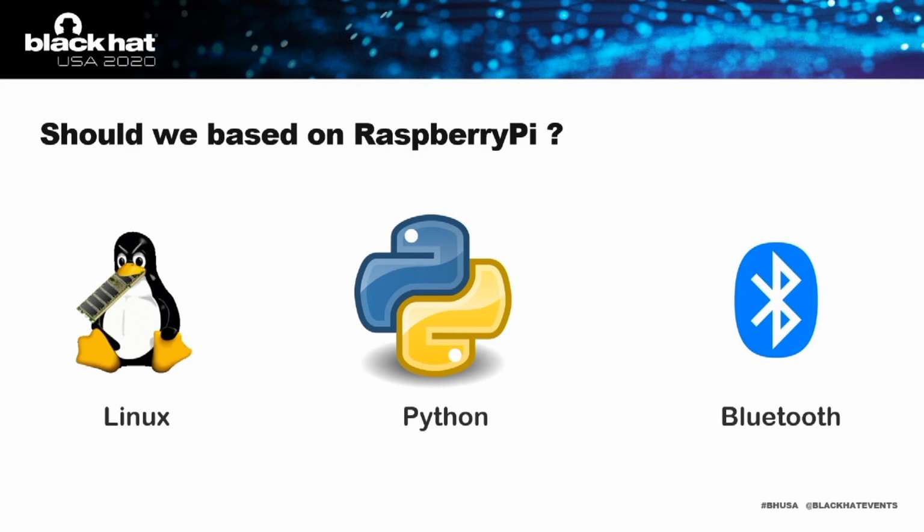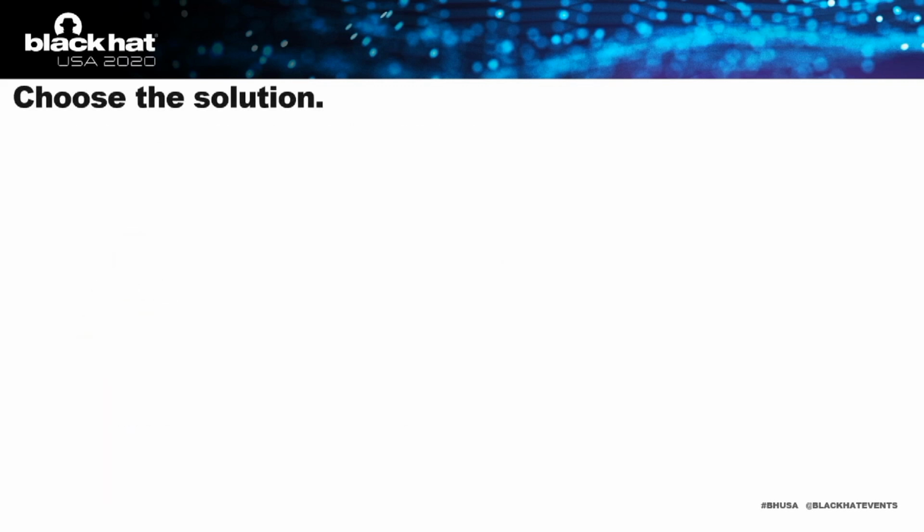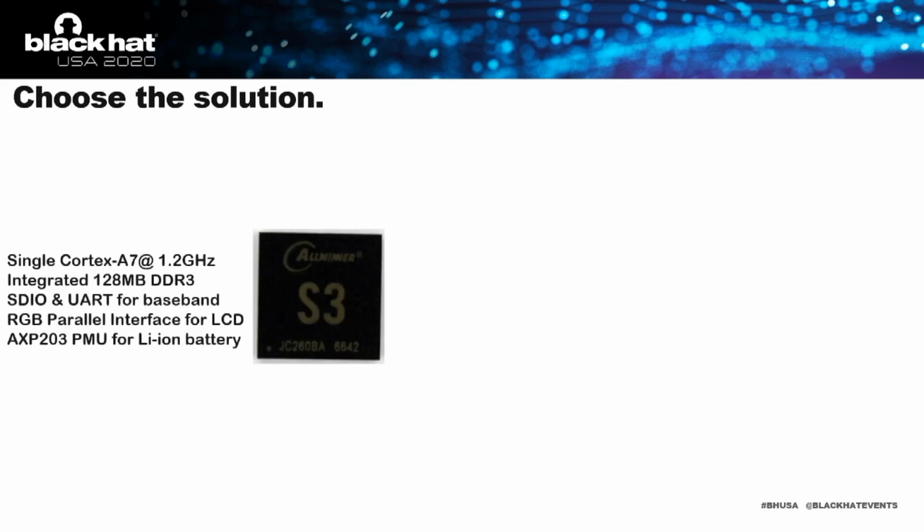Based on these needs, we need to choose a CPU, a Bluetooth baseband, and some necessary peripheral devices. By chance, I found a very amazing chip. It is called the Allwinner S3, a highly integrated SiP solution.